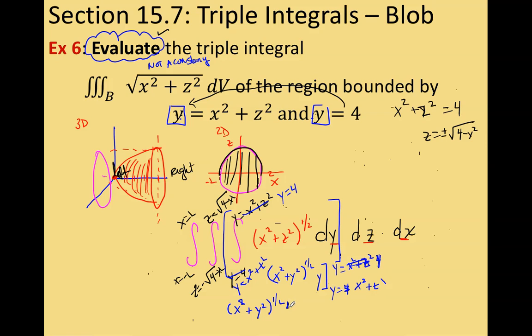y is just 4 minus the curve, times another x squared plus z squared. Now I'm seeing an awful lot of, I keep writing y and it's z.